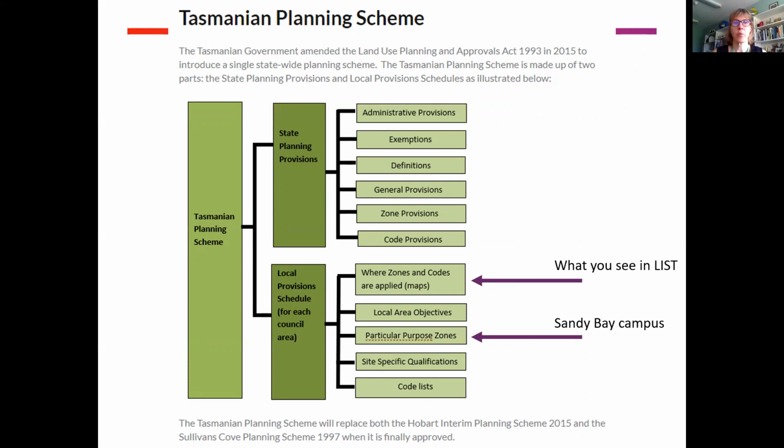So now there are state planning provisions that basically set up a template that everybody works off. You'll notice that some are still in the interim state where they don't have that bottom half just yet. They've gone to kind of the stepping stone under the Tasmanian planning system, but they haven't got all of the planning sorted out for their particular area.